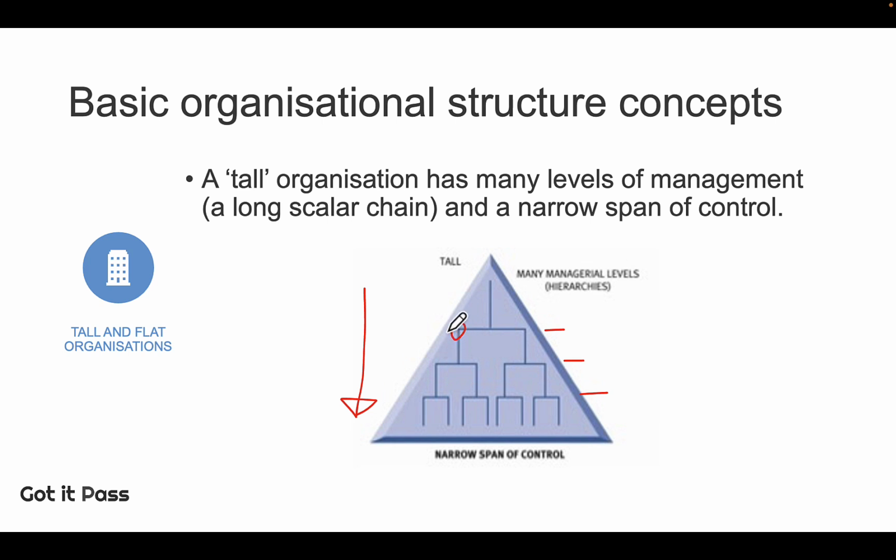Say here is Director A. He has two managers, B and C, under him. But the scalar chain is long because even under B and C, they have other subordinates reporting to them.